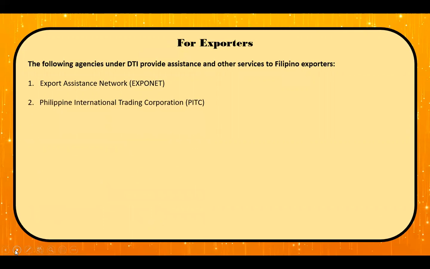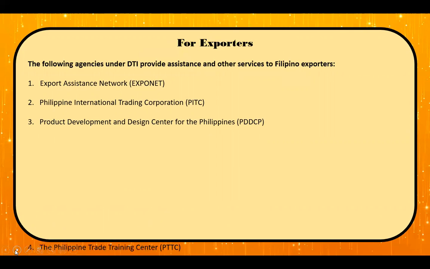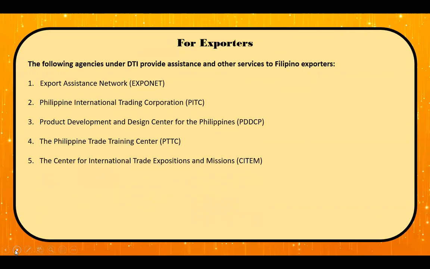We also have the Philippine International Trading Corporation, or PITC. We have the Product Development and Design Center of the Philippines, or PDDCP. We have the Philippine Trade Training Center, or PTTC. We have the Center for International Trade Expositions and Missions, or CITEM. We have the Bureau of Export Trade Promotion, or BETP. We have the Foreign Trade Service Corporation, FTSC.